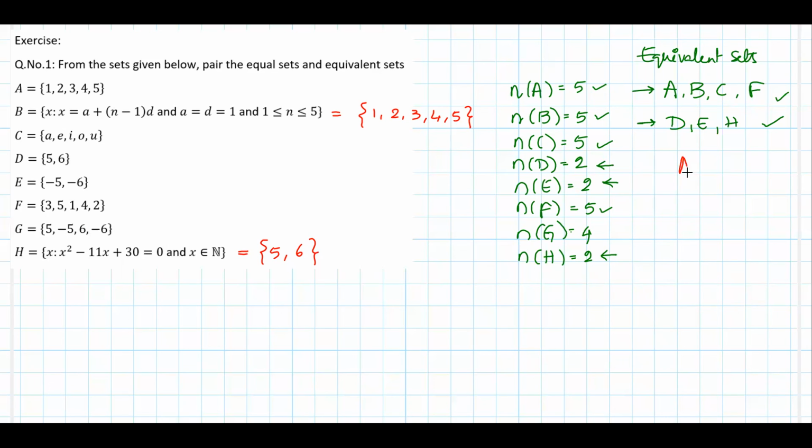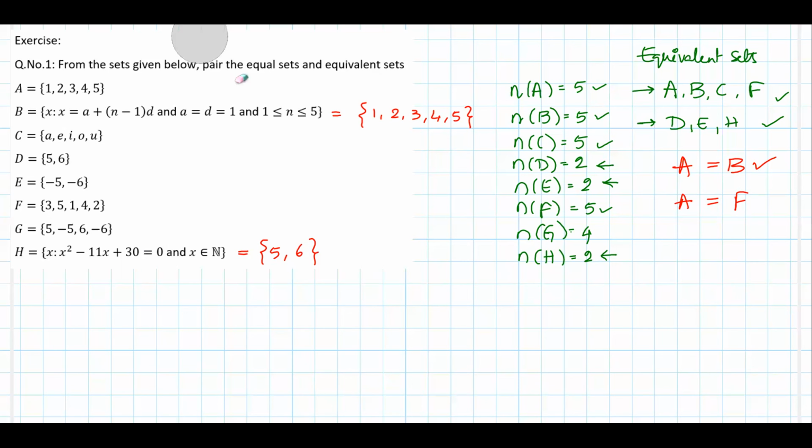So we can say that A is equal to B. Now cross check A with C. 1, 2, 3, 4, 5, A, E, I, O, U. Completely different. So they are not equal. They are just equivalent. Now A and F. 1, 2, 3, 4, 5, 3, 5, 1, 4, 2. The order is different, but exactly the same elements. So we can say that A and F are also equal. And B and F also equal from this combination.